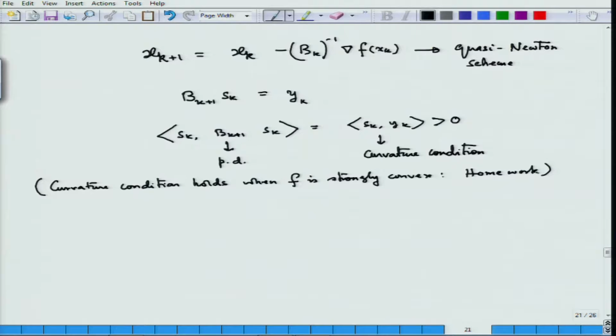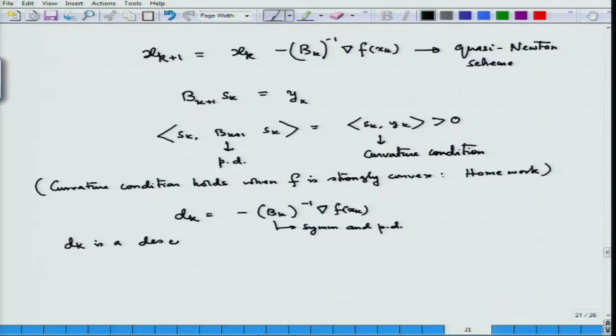So, essentially now observe that if I take d_k equal to minus B_k inverse grad f(x_k), where B_k is symmetric positive definite, then d_k is a descent direction, in the sense that grad f(x_k) transpose d_k is nothing but minus grad f(x_k) transpose B_k inverse grad f(x_k).